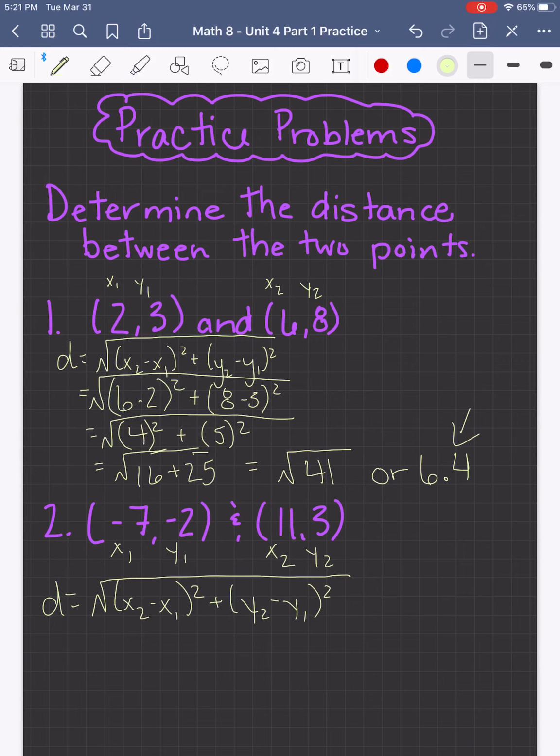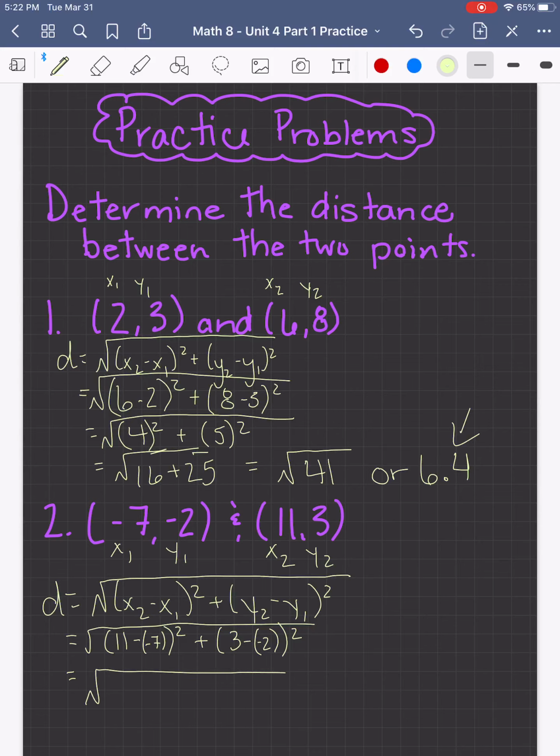So x2 is 11 minus x1 is negative 7. y2 is 3 minus y1 is negative 2. Okay, don't forget those negatives.